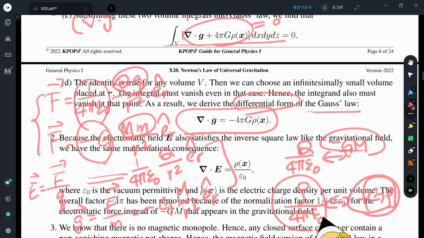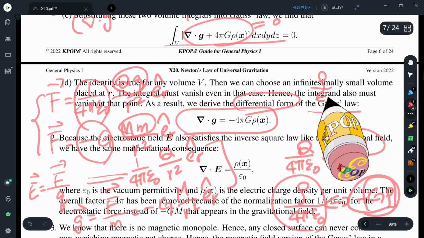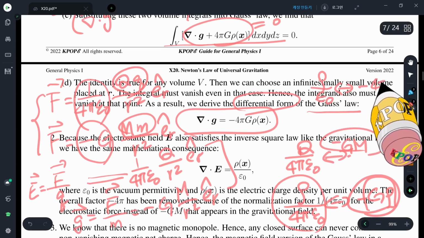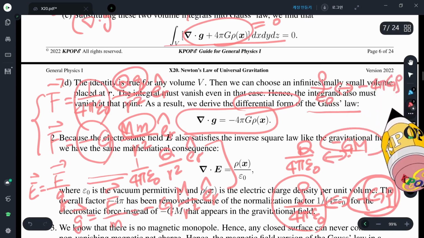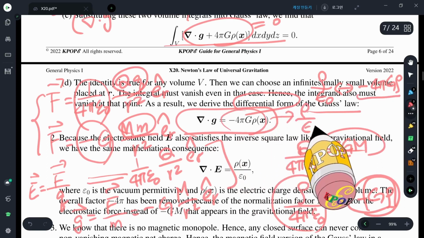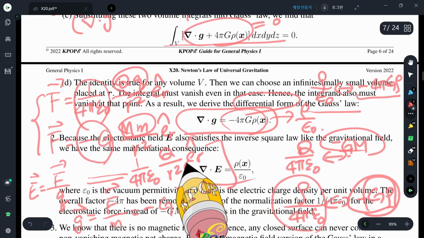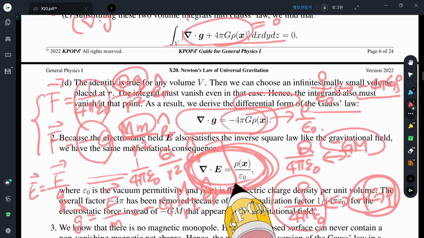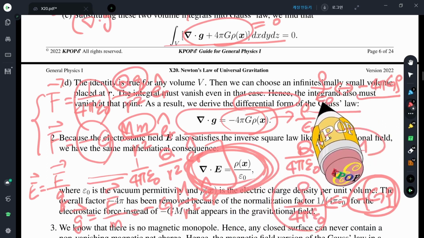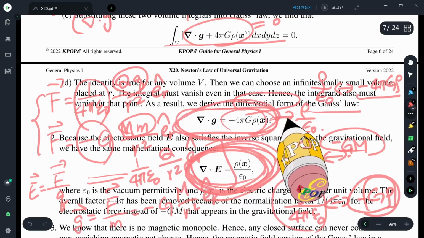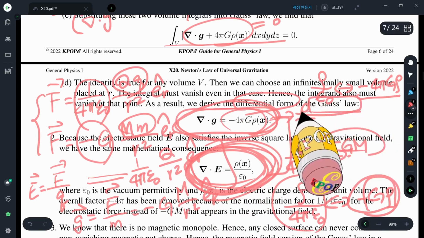Because we have 4 pi G rho, minus 4 pi G rho is to be replaced with rho over epsilon 0 in the electrostatic case. That's the reason why we have the same equation with a different normalization. This is the gravitational field and this is the electric field. They both satisfy the Gauss law.